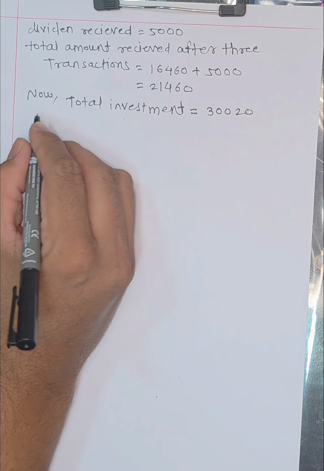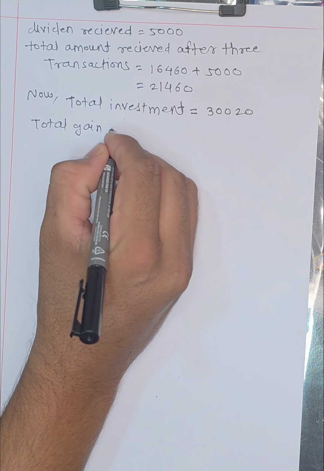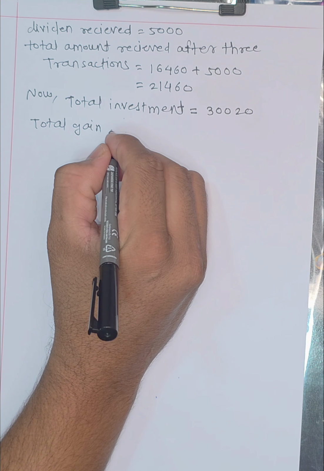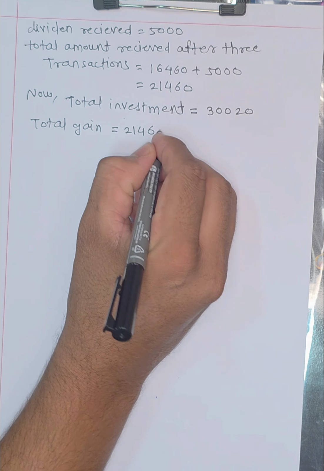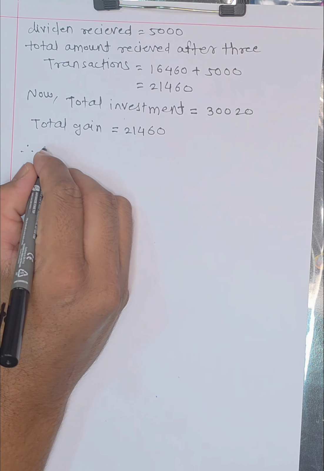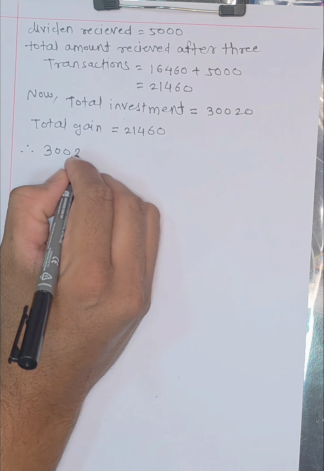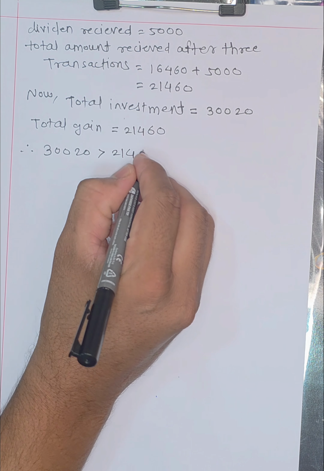Total investment is 30,020 rupees, and total gain after all three transactions is equal to 21,460. But 30,020 is greater than 21,460.